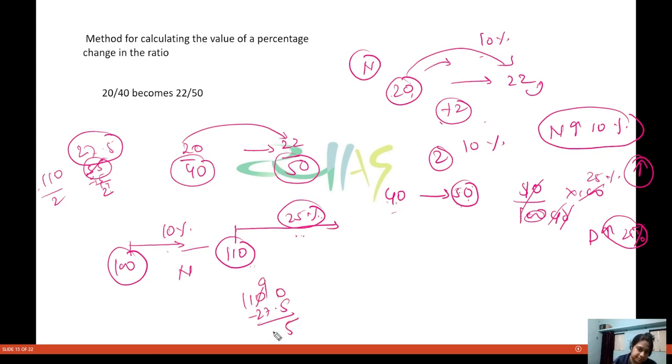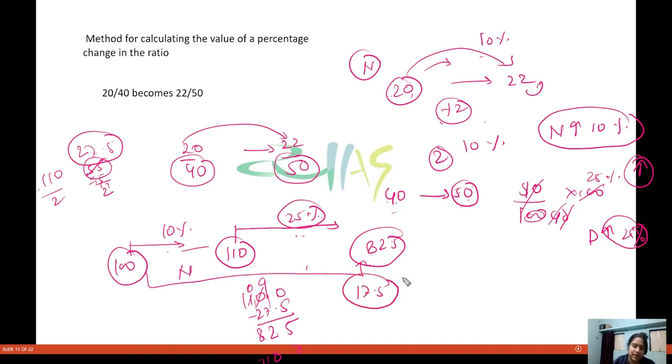And 40 to 50, our new denominator is increasing by 25%. Now what happens to the ratio? If this was 1 by 2, what is the percentage change in ratio? So I am starting with 100. If 100 is increased by 10%, that will become 110.